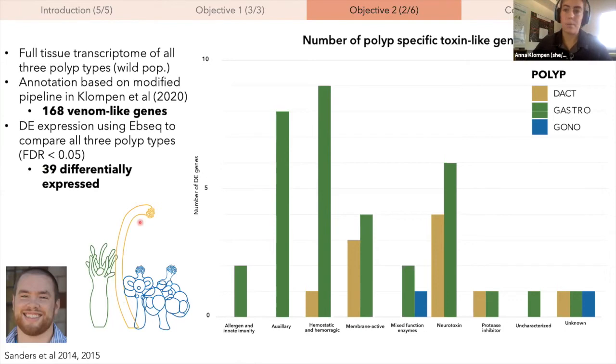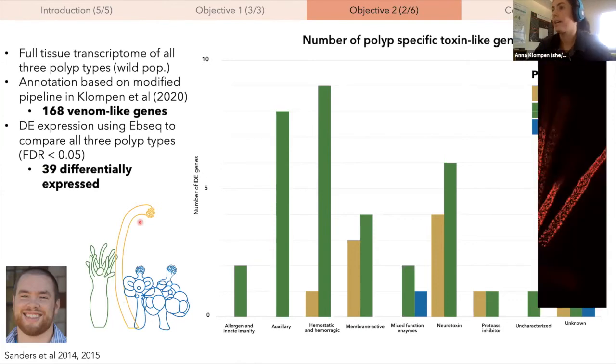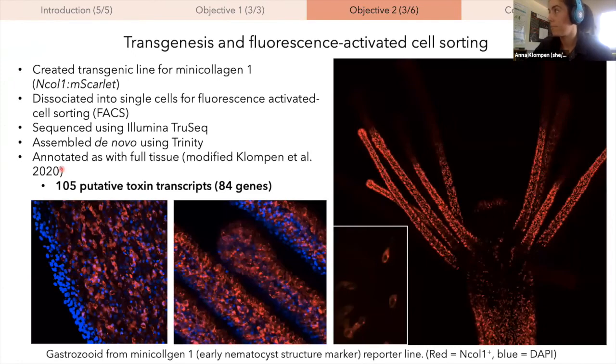Because of the great resources that we have with Hydractinia, I was able to do something pretty exciting, which is create a transgenic line for stinging cells within Hydractinia. What I'm showing here are confocal images from this transgenic, very similar to what was done in Nematostella. This red mScarlet is marking a structural protein for stinging cells called minicollagen.